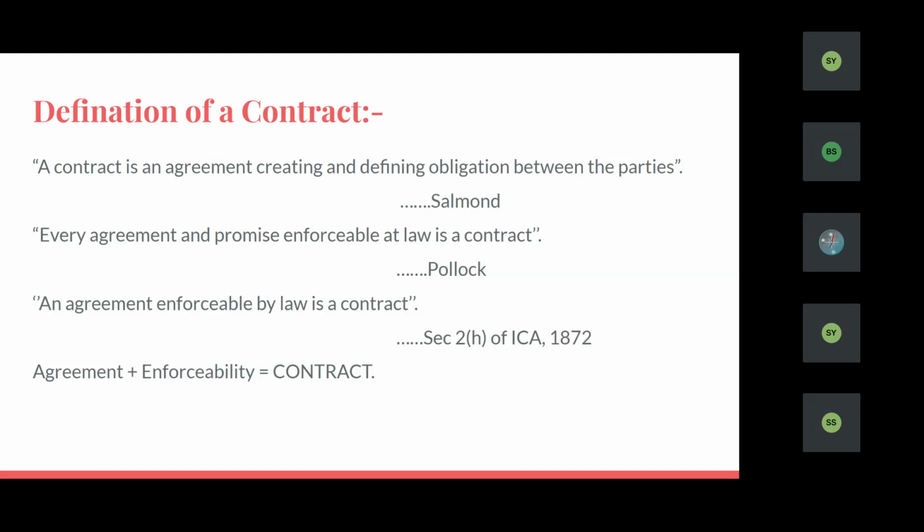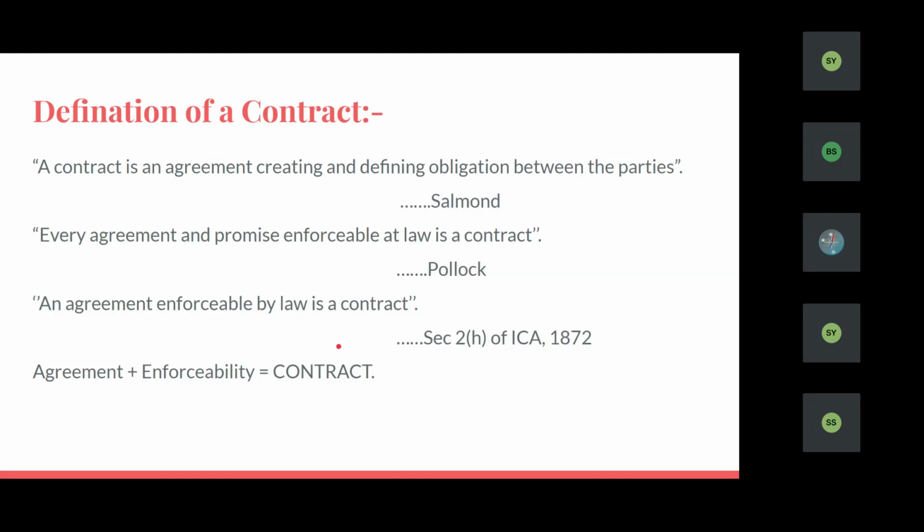In all the acts, it is mostly seen that section 2 is the interpretation clause, which means most of the concepts are defined there. So here we can see the same thing. Section 2, clause (h) of the Indian Contract Act 1872 defines the term contract.